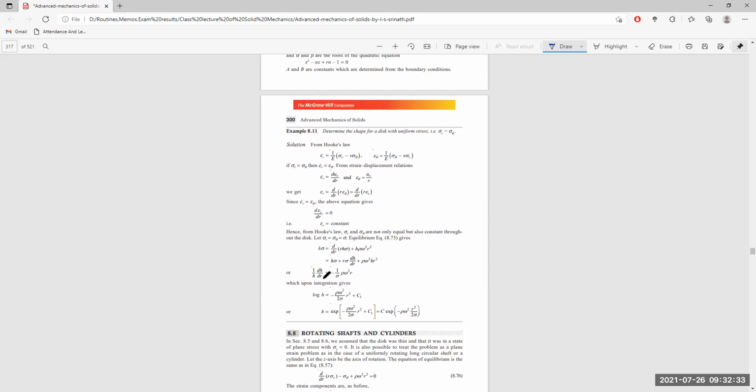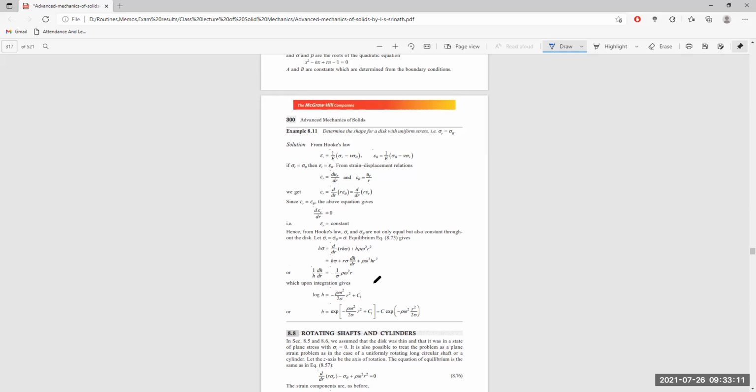So 1 by h into dh by dr, and this is cancelling each other on both sides. If we put this portion on the left side, the right side will be negative, divided by sigma, and there will be only one h. This h will come in the denominator here. So 1 by h dh by dr minus rho omega square r by sigma.